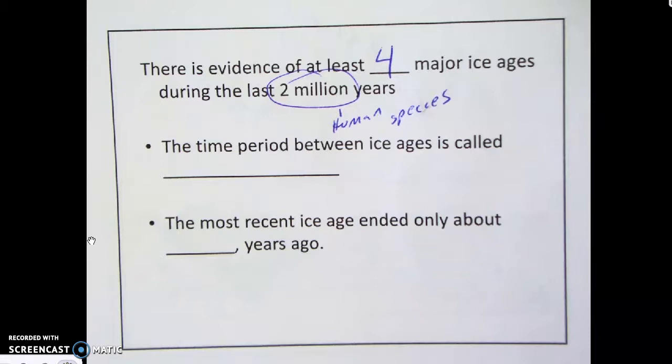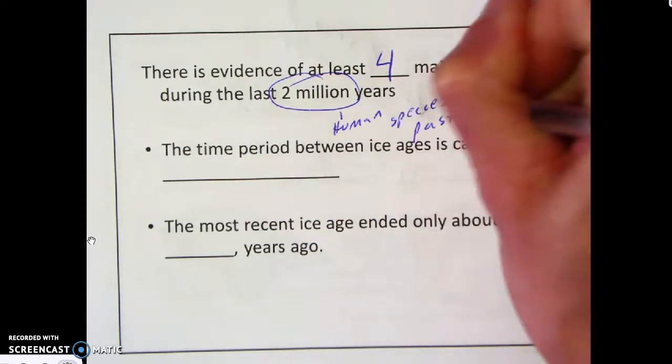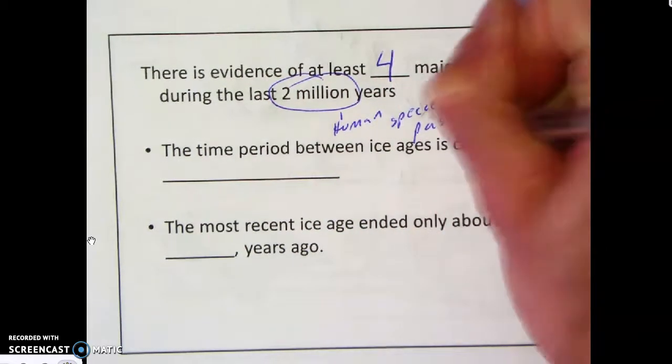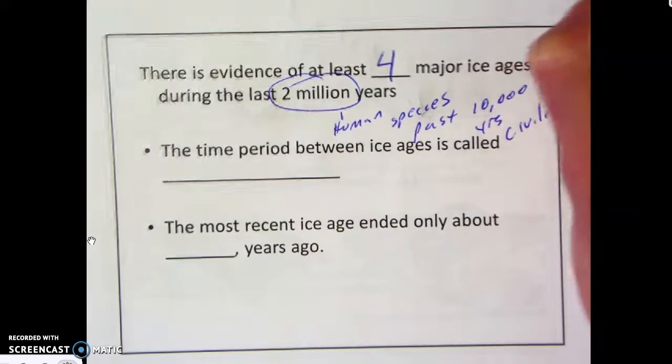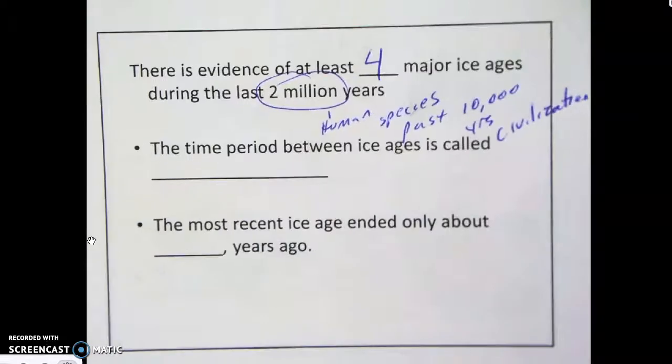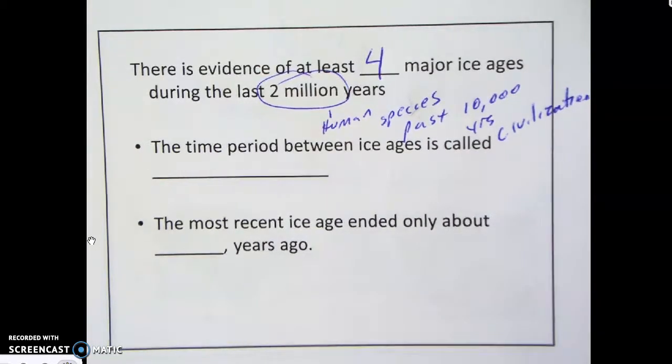And if we look at the past 2 million years, it's only really roughly the past 10,000 or so that we have civilization. We have people, farming, agriculture, society, language, writing, culture, past 10,000 years.